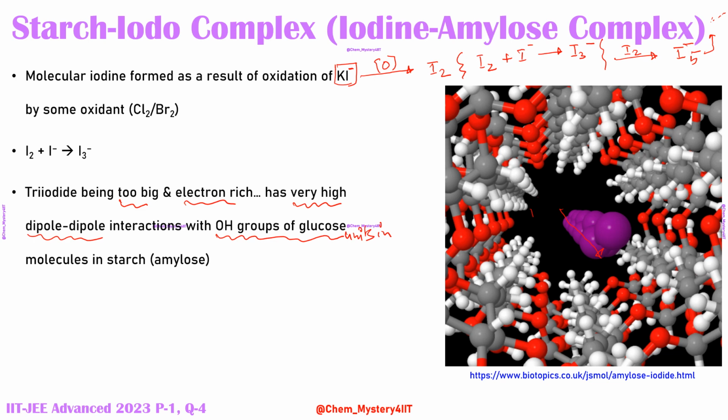So the interaction which is going to be here, all these iodine atoms can be attracting all the OH groups, or in fact the CH groups also up to a certain extent. They can be attracted to this very strongly. So from here we can say there can be very strong dipole-dipole interactions possible between the iodide present in the center and that helix of the amylose complex.